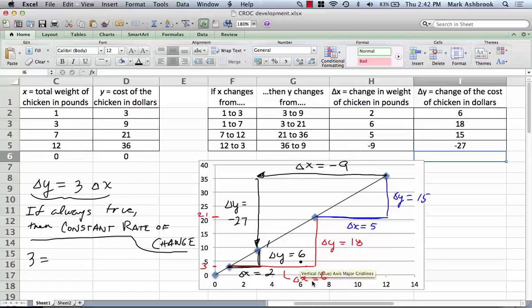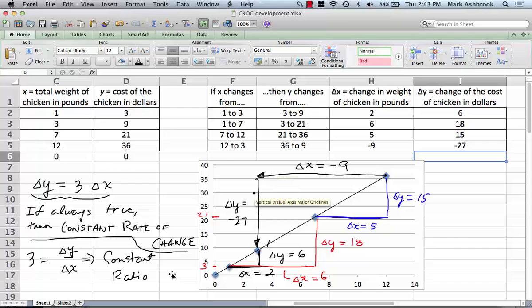15 and 5, 18 and 6, 6 and 2, negative 9 and negative 27. Okay, we want 3, so it would be delta y over delta x. Okay, again, so we have what we call a constant ratio of the changes.